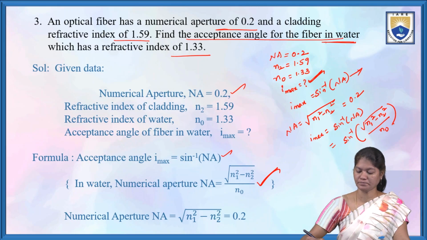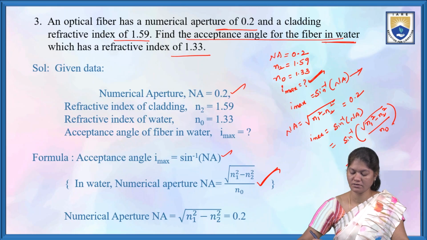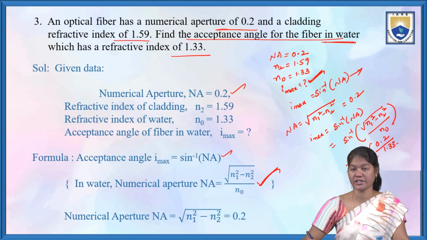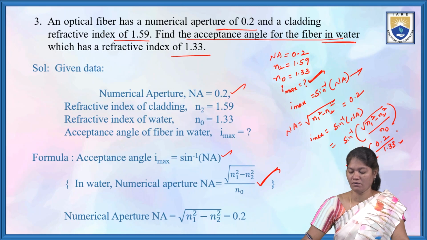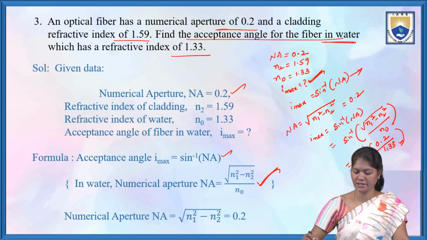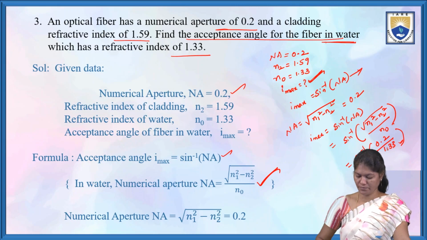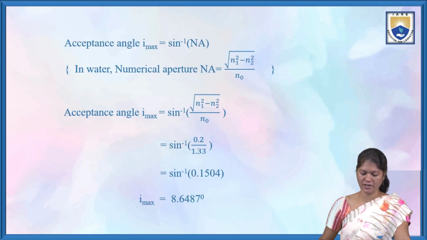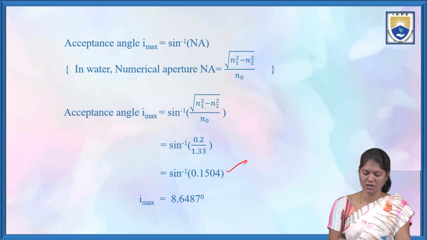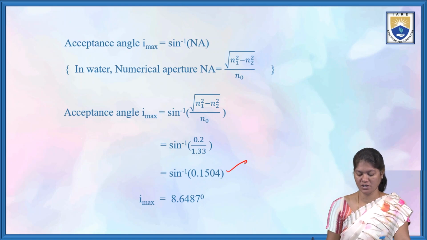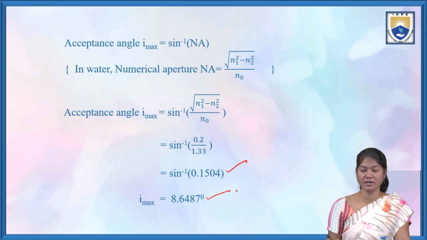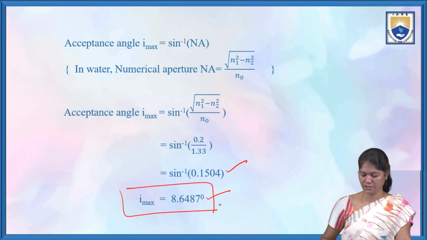So sine inverse of 0.2 divided by 1.33, which is the refractive index of water. Simplifying this, we get sine inverse of 0.1504. Sine inverse of 0.1504 gives 8.6487. This is i maximum.